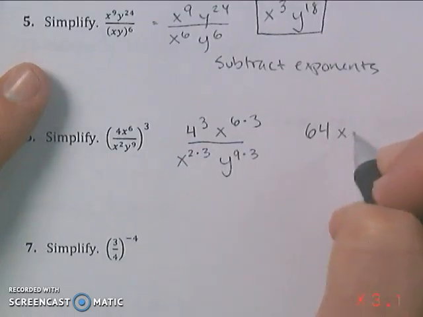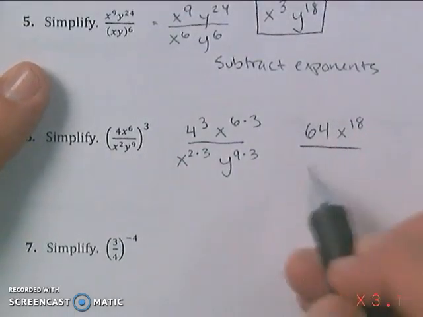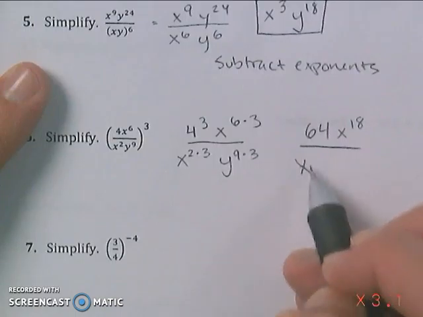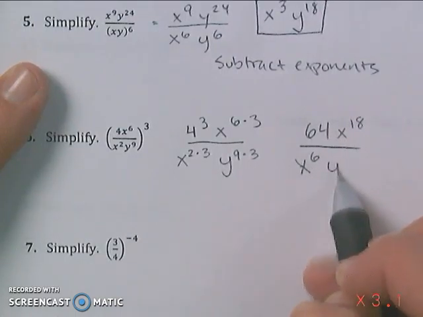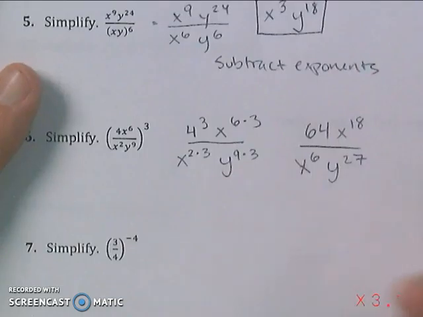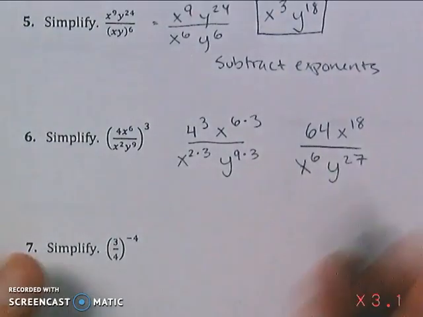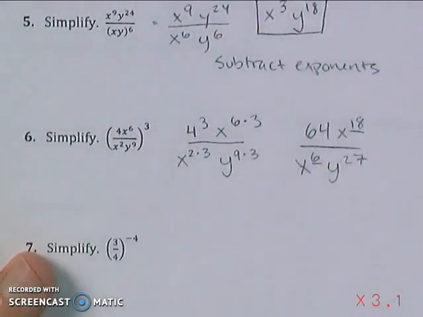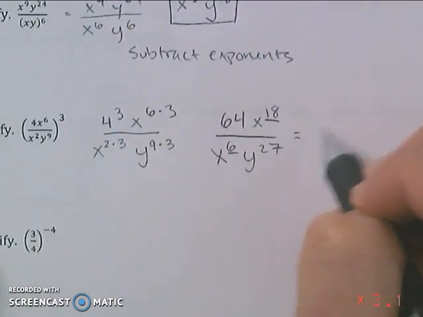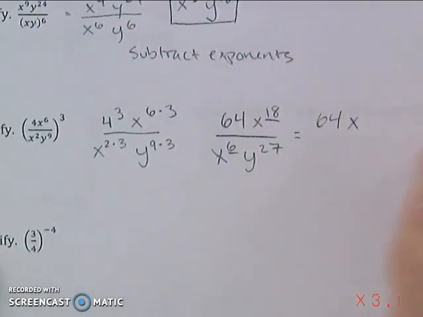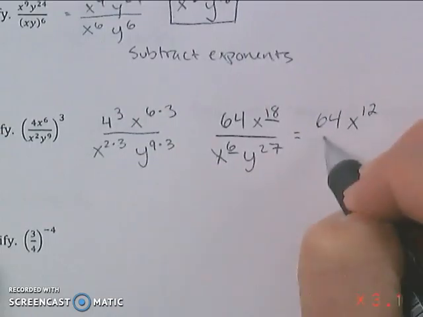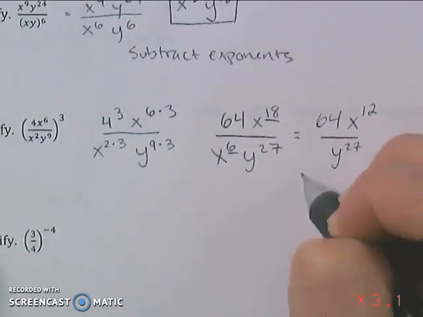This is going to be x to the 18th power over x to the 6th power and y to the 27th power. We're not quite done. I see that we can do a little subtraction here, right? The x to the 6th and the x to the 18th. 6 from 18 is going to leave us with 64 x to the 12th power over y to the 27th power as my final answer.